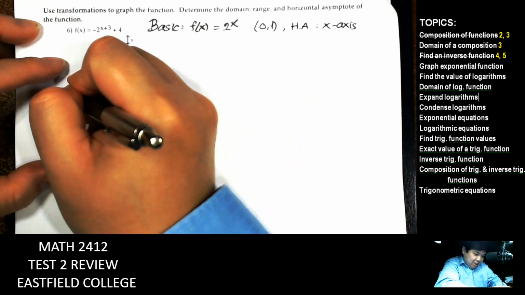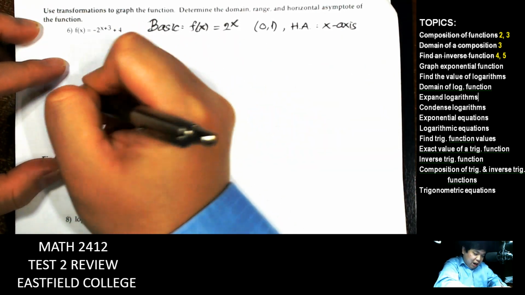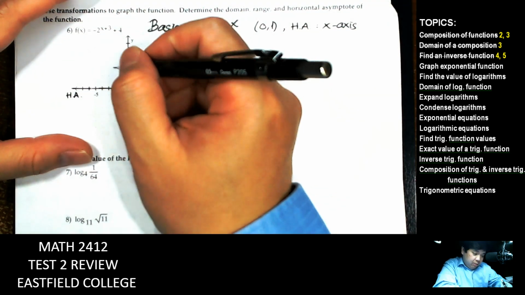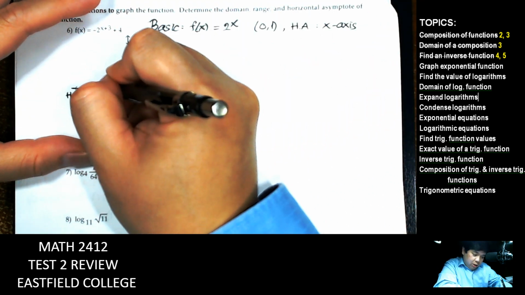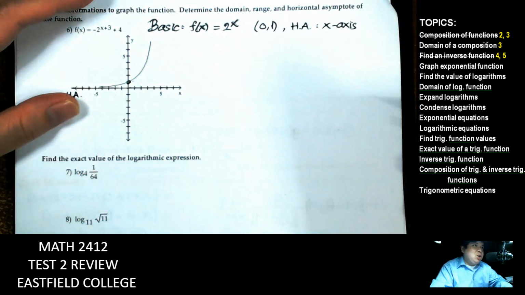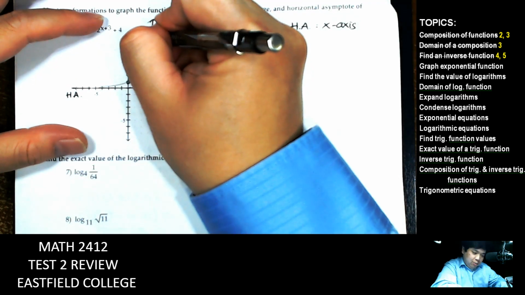Difficult to see right now, but it will become clear later. Anyway, 2 to the x, so it will go like this. We just get the sketch, so that is 2 to the x power.